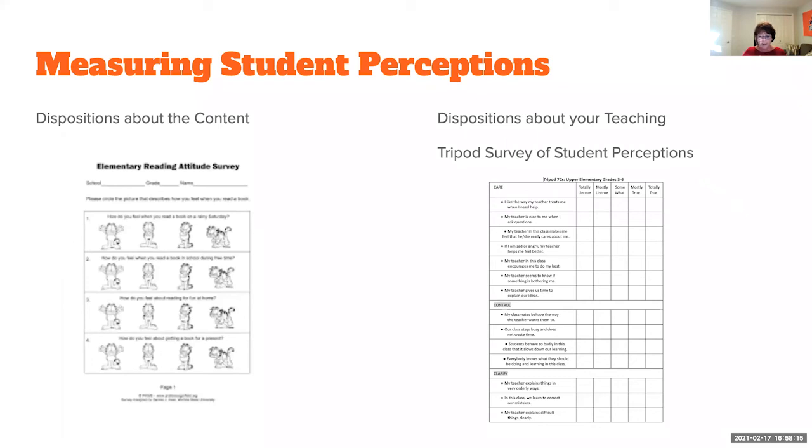When I do math, I feel like this. I have an easy time with this, but not with that. So there's a lot of different surveys out there you could use for older students and for younger students. You want to actually match the survey to their age range.